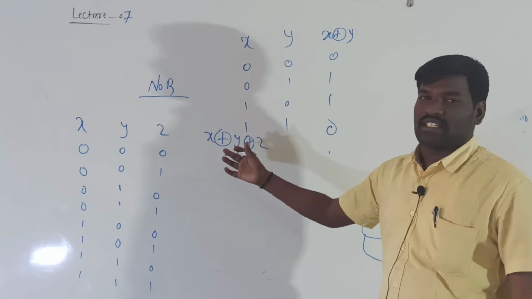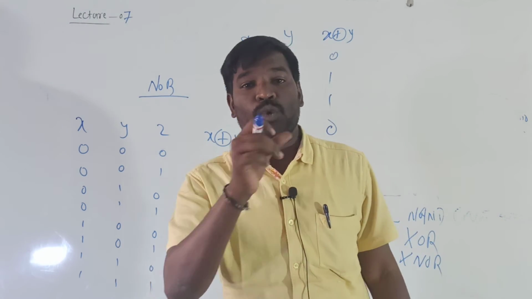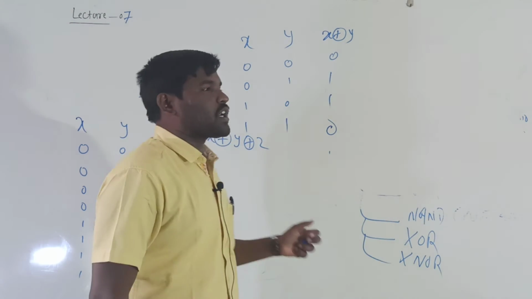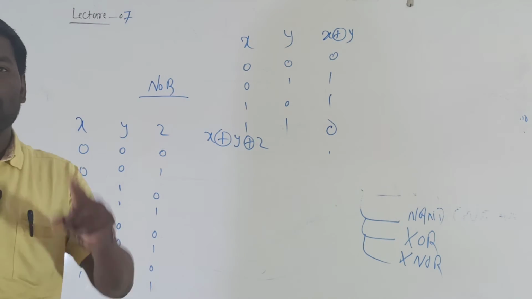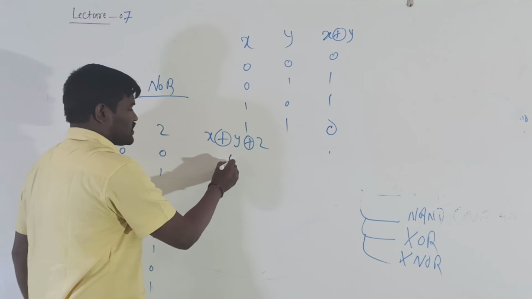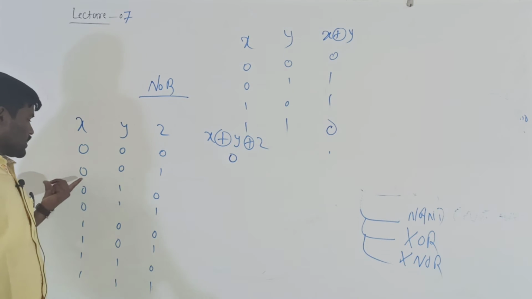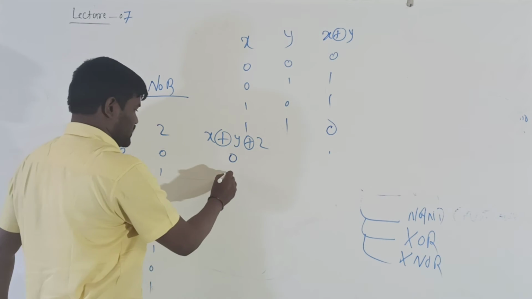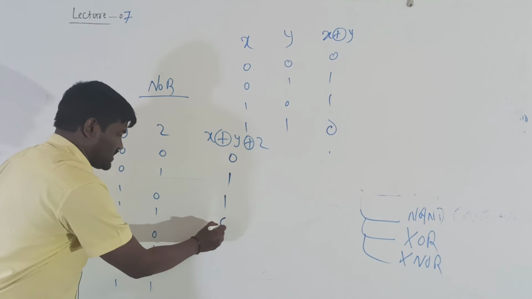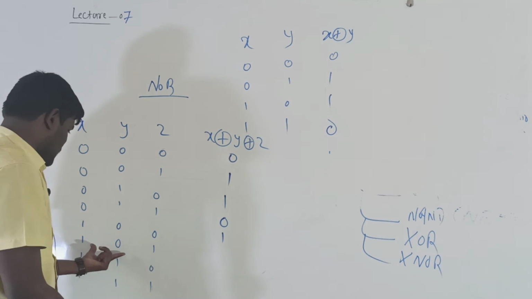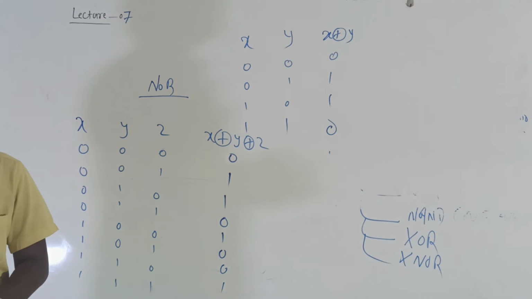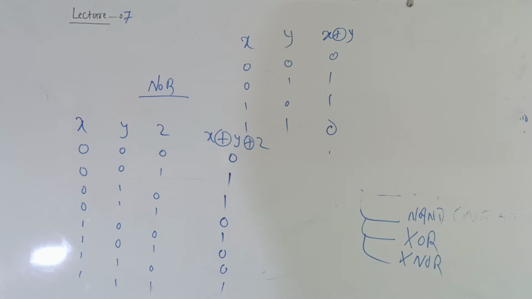If you are using 3 variables, we use a rule for writing the truth table: if the number of ones is odd, then the result is 1, otherwise it is 0. See here, 0 0 0, the answer is 0. Here the total number of ones is odd, so it is 1. Here 1 1 is there, that's why it is 0. Here odd 1, here even 0, even 0, odd 1. So this is the 3 variable truth table.